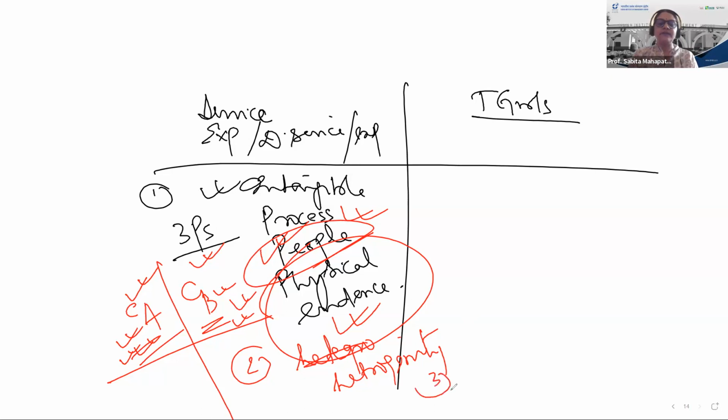The third difference is in terms of, can anyone tell me? Perishability. Perishability means that today, if you are not sitting in the seat of the aircraft, it's a missed opportunity. It is lost. We cannot store it.